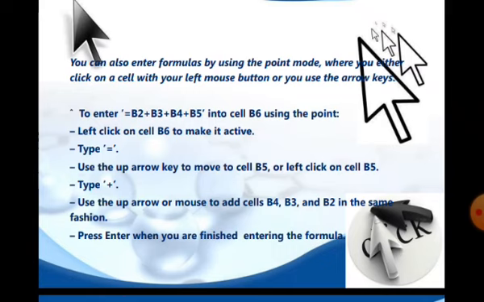The address is added. After completing all these things, you just press the Enter key to get the result. So press Enter when you are finished entering the formula, and you get the result. So you can use the mouse pointer to select the address, or you can also type the address using the keyboard. Okay, now move forward.